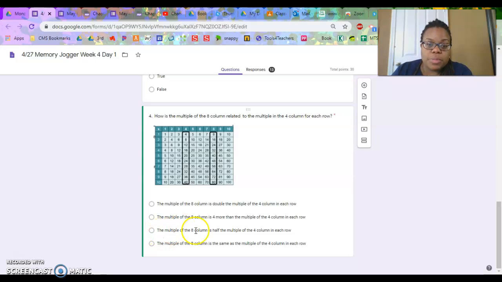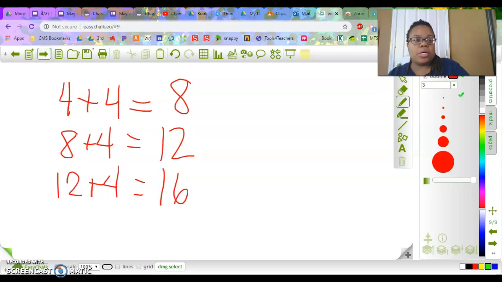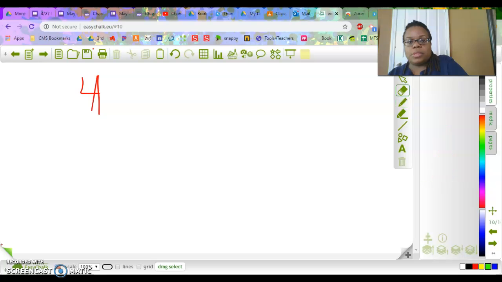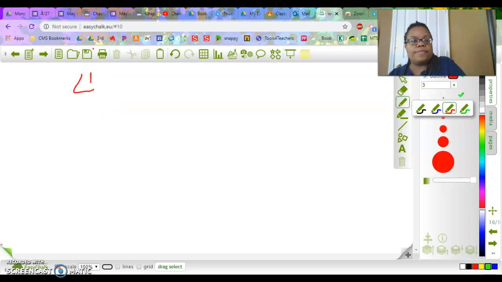C, it says the multiple of 8 is half the multiple of the 4 column. So here, 4, half would mean I'm splitting it into 2 groups, dividing, and that would give me my column here. So I have 4, 8, and 12. So I'm going to go to a new page. Let me erase that and start that again. 4, 8, and 12.